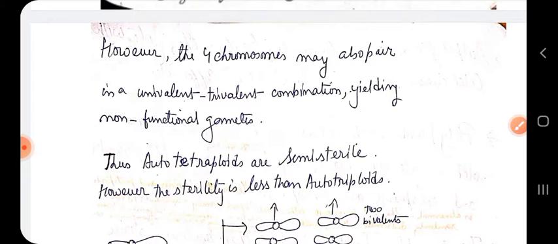Univalent-trivalent fashion means that of the 3 chromosomes of that same chromosome set, 2 are moving to one pole while only one chromosome is moving to the opposite pole, and that univalent-trivalent combination yields non-functional gametes.